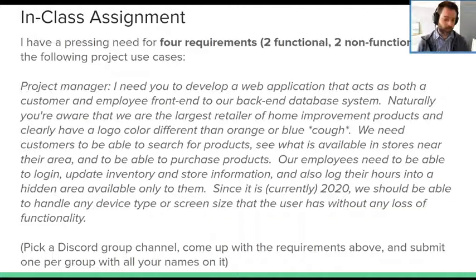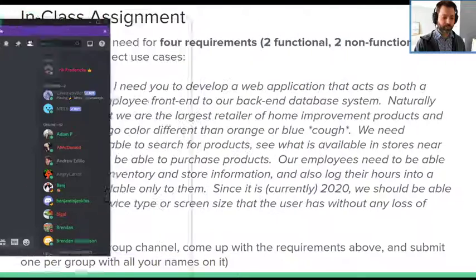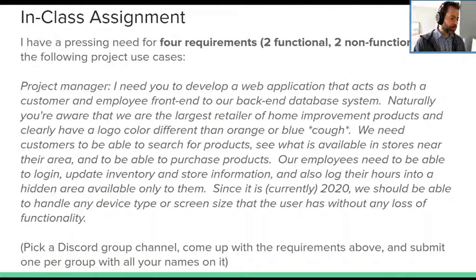If you want to do it in your project teams, that's fine too. But I created the 4 rooms for you all to go in. One submission per group. Just put all of your names on it since I am making this kind of a random assignment for people. Make sense?